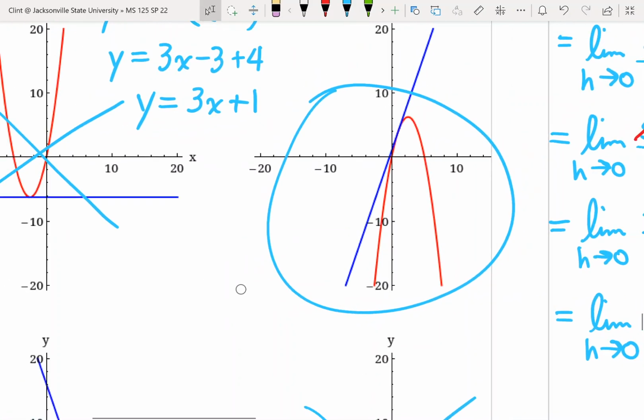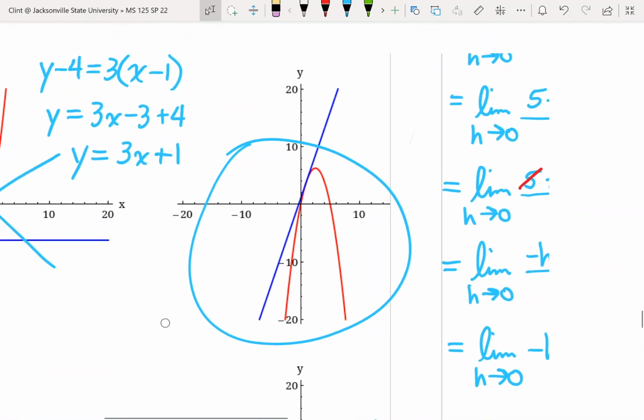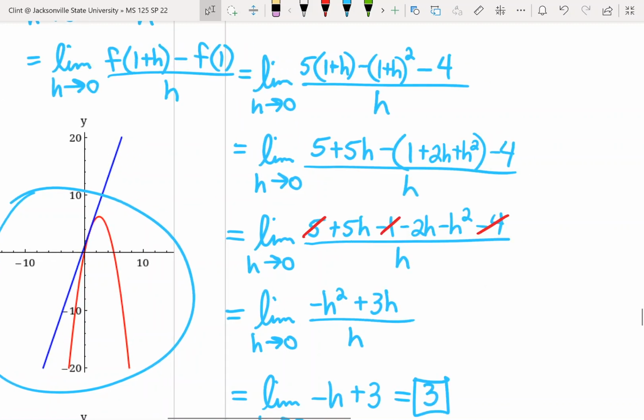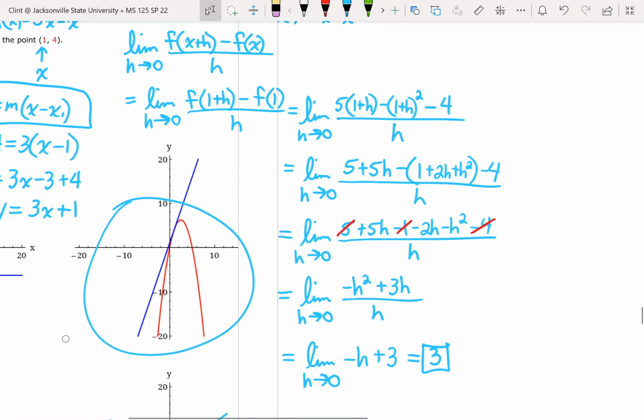Questions on that one? Yeah, for sure, getting the slope of that tangent line is the messiest part at least.